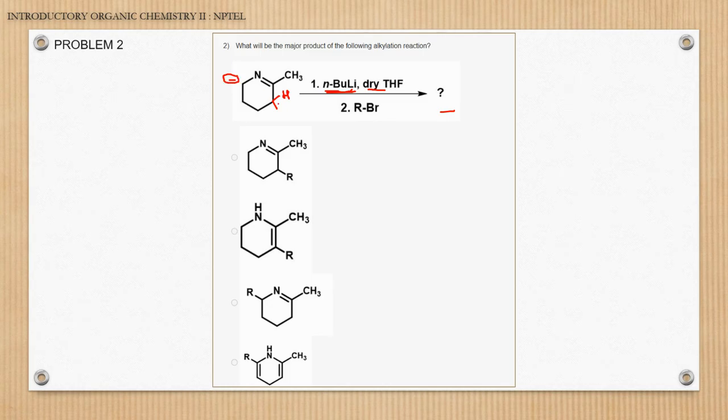But now guys, you also have to notice that if a negative charge is getting generated at the alpha position of this nitrogen, will it conjugate with this that much? The nitrogen is also having the lone pair that is present, so there will be very steric crowding at the nitrogen.